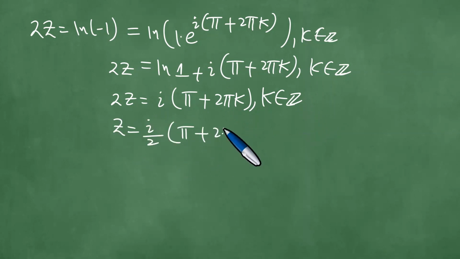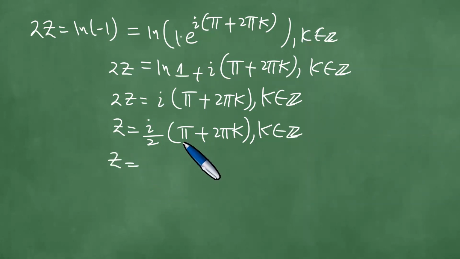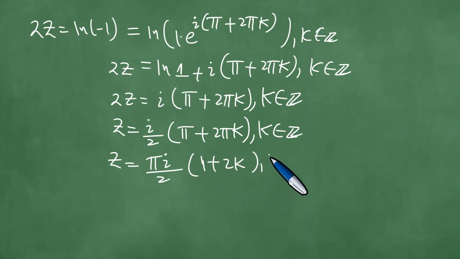Which means you can pull out the pi, which is a common factor, giving us pi i out of 2 into 1 plus 2k, where k is an element of Z.